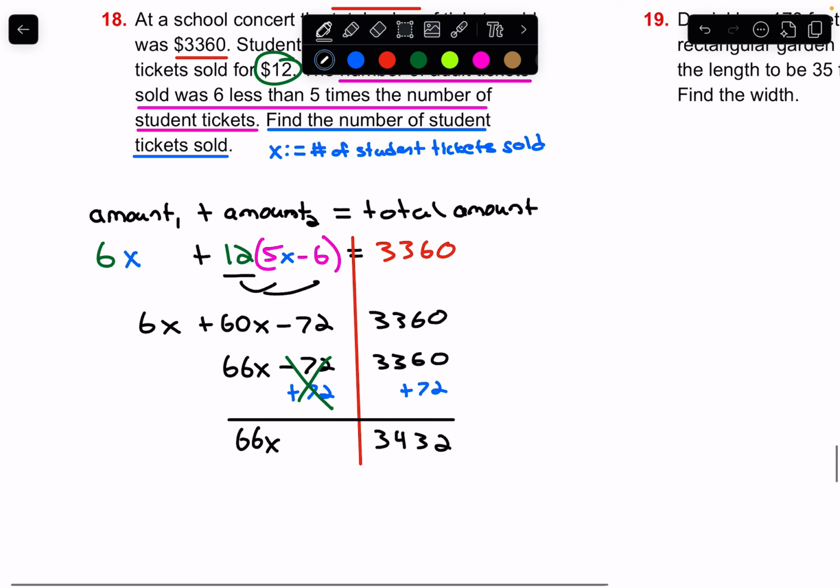And now I'm going to have to actually do some division. My rule of thumb for myself is that if I am dividing by something that I don't know the first 10 multiples of, then I just use a calculator. So in this case, I'm going to be dividing both sides by 66. So 1 over 66 is what I'm multiplying by on both sides.